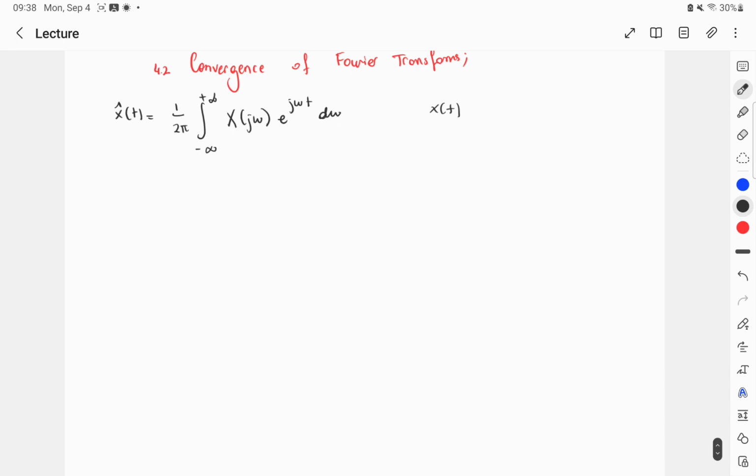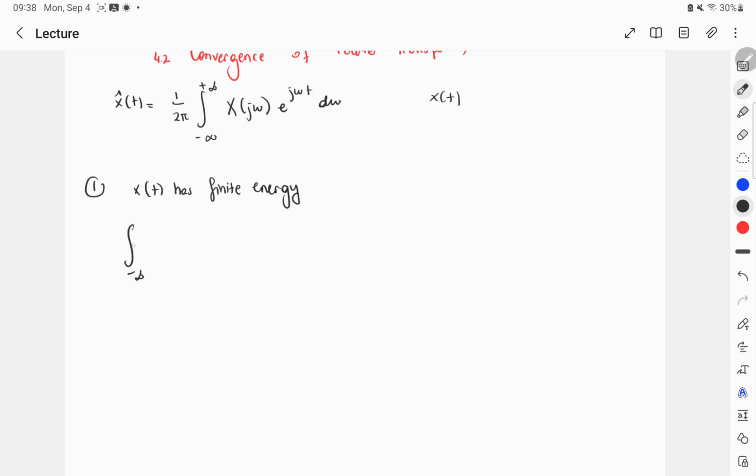Now let us look at the sufficient conditions. Condition number 1: x(t) has finite energy. Let me write it. So, in other words, we can say its square is integrable. I will show you what I mean by this.